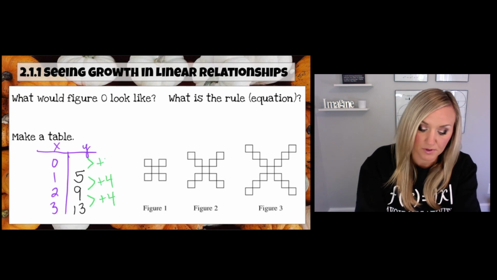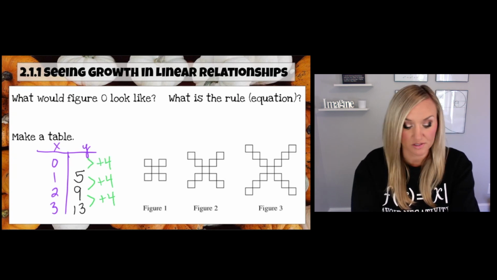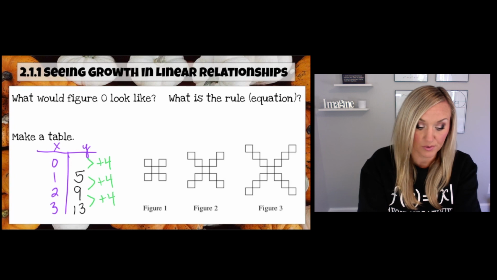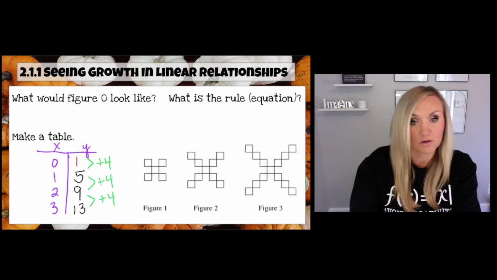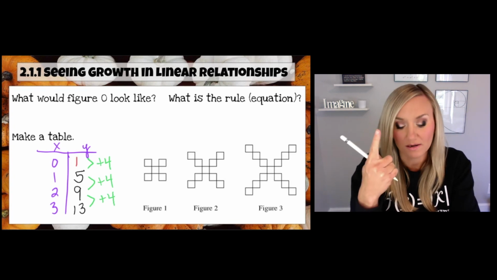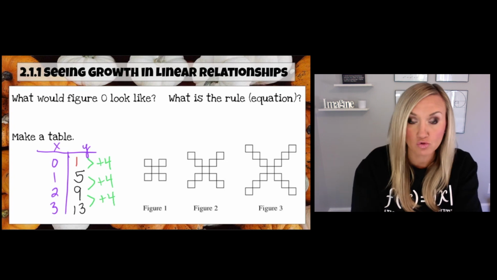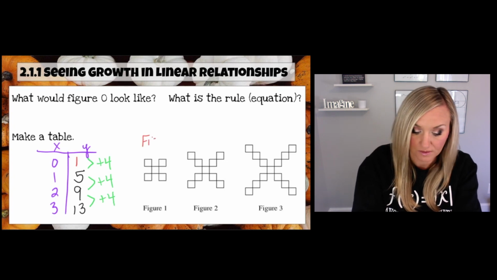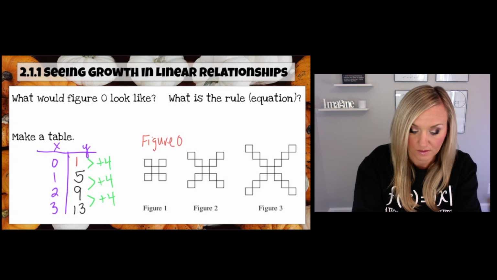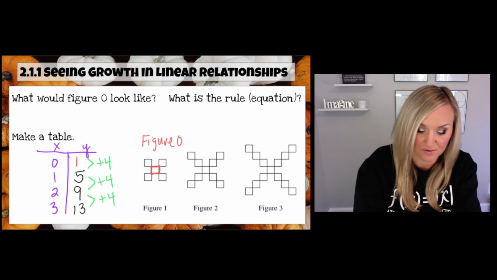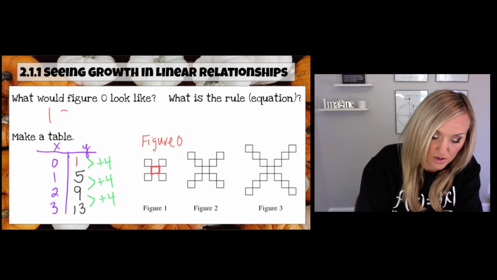So some number plus 4 will give us 5, and that is our 0, and our zero figure is 1. That means that if we were to draw figure 0, it would just have this box right here in the middle. So figure 0 would look like 1 square.